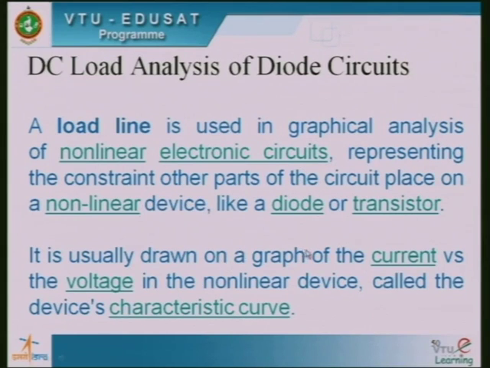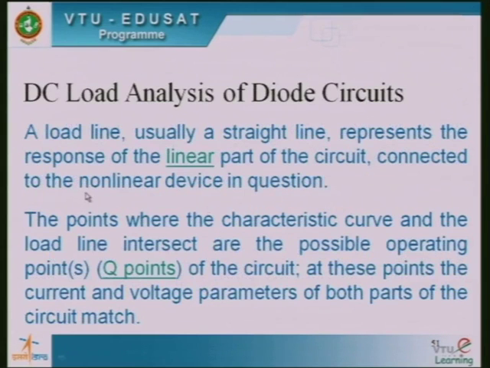It is usually drawn on the graph of current versus voltage of the nonlinear device, called the device characteristics. First we draw a load line between VDD and VDD by R, which is a straight line, and then we draw the VI characteristics of the nonlinear device, in this case the diode. The load line, usually a straight line, represents the response of the linear part of the circuit.